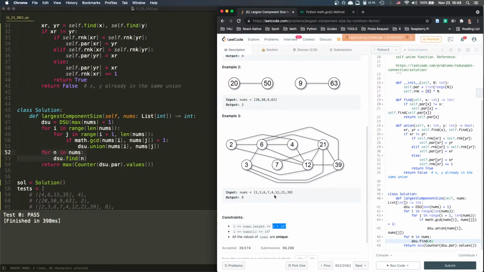Think, can we go a little bit smaller than that? Yeah, we can go just square root of 10 to the 5th, because then when you divide by that, the remaining will definitely be smaller. No, actually not. There will be prime numbers. All right, there will be prime numbers.